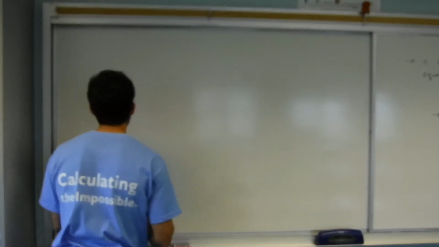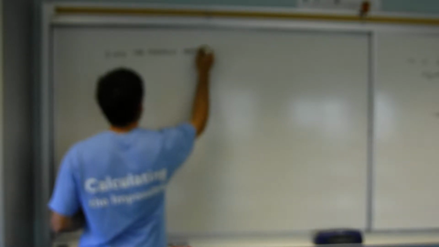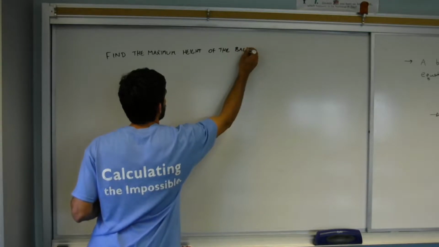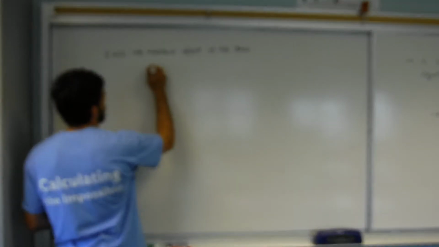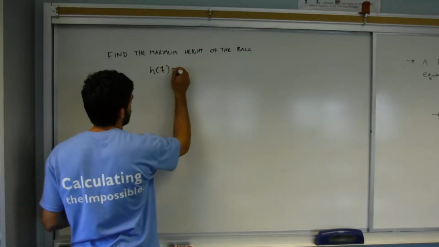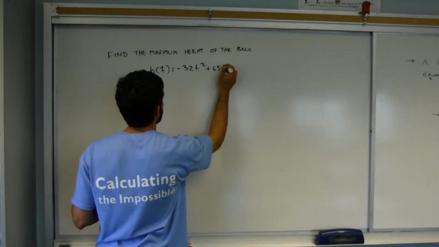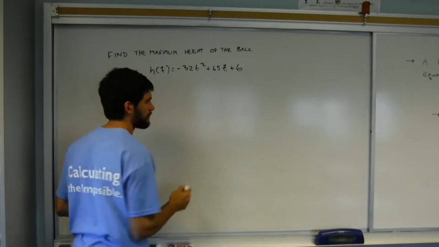We could be asked to find the maximum height of the ball. And again, our function is h of t is equal to negative 32t squared plus 65t plus 6.